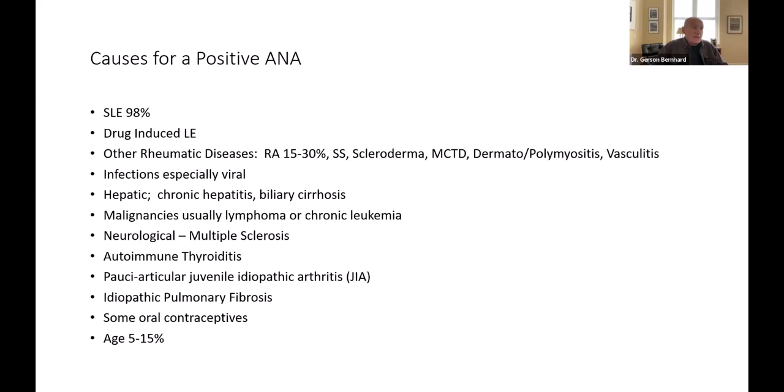In chronic hepatitis, biliary cirrhosis, certain malignancies, especially leukemias and lymphomas, in multiple sclerosis, autoimmune thyroiditis, all of these can have usually low titer positive ANA. So again, the ANA is not specific for LE. It may only mislead you unless you have a good clinical story to match up with it. Next.